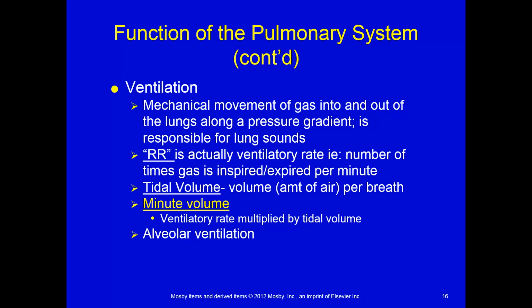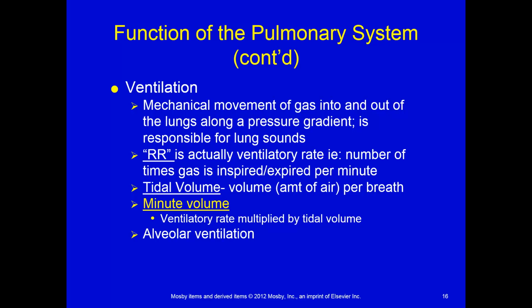The heart rate, right? So the respiratory rate is a synonym, really, for the heart rate in the cardiovascular system. It's the number of times that the gas is inspired and expired per minute.